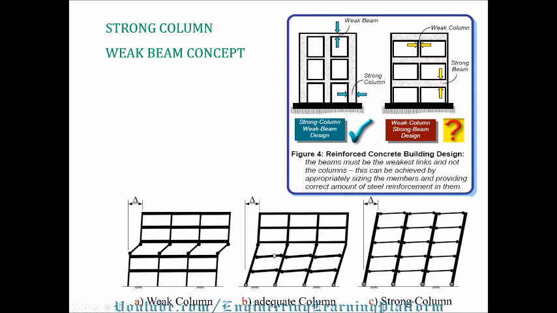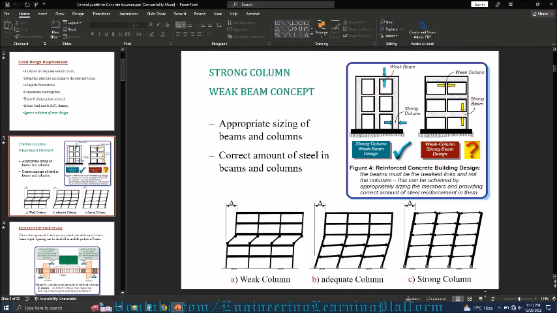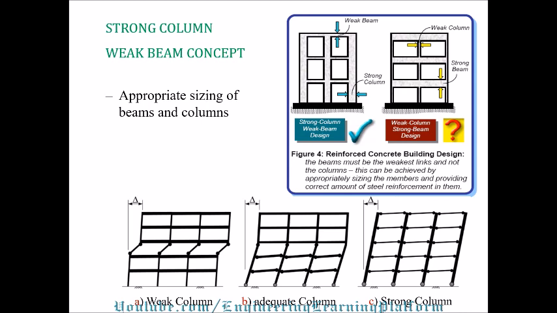Part B shows that a few columns were strong, but at a point the beam was stronger than the column and a hinge formed in the column, and the structure collapsed immediately without sufficient warning. In part C we have sufficient warning, and the structure was ductile enough to undergo huge deformations and gave sufficient warning before complete collapse. This can be achieved by appropriately sizing beams and columns and providing adequate steel in the beams and columns.